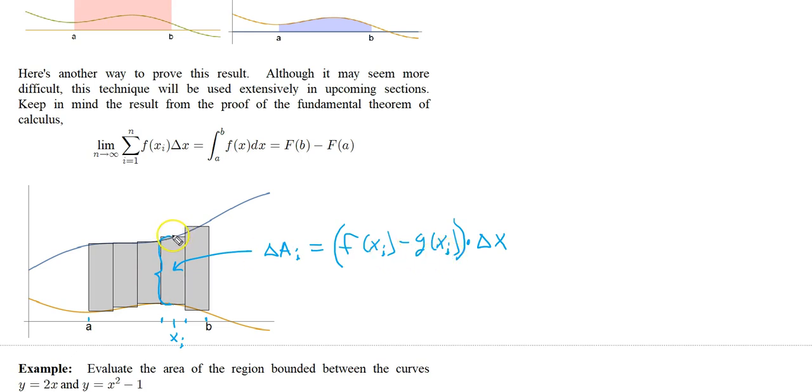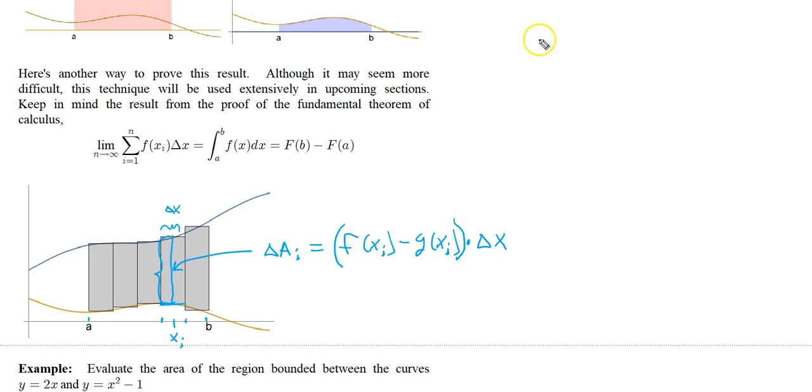So the height of this rectangle, this distance, is f of xi minus g of xi. And then when we multiply by delta x, which is the width right here, so this distance right here is delta x, we get the area of the rectangle.